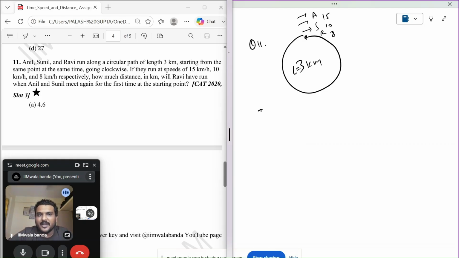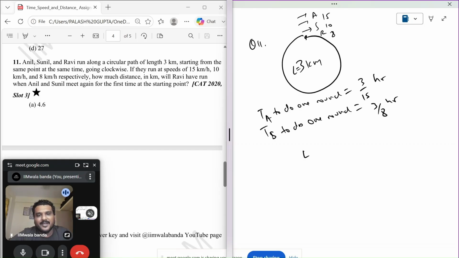So again, time taken by A to do one round will be distance upon its speed. So in this much hour, time taken by S to do one round will be 3 by 8.